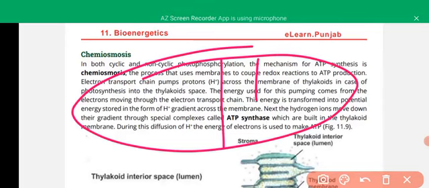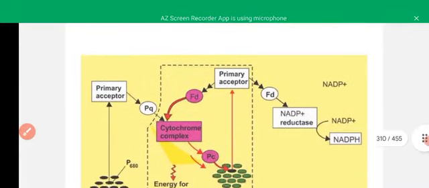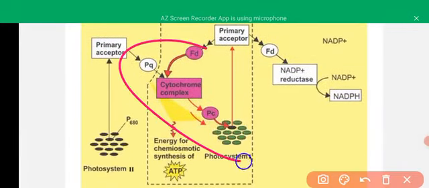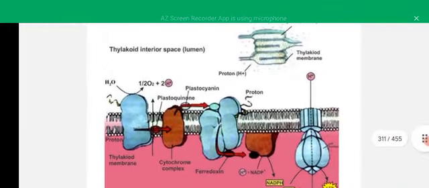First of all, when the electrons come down this electron transport chain, its energy is used to transport hydrogens from the stroma into the lumen of the thylakoid membrane, and hydrogens are stored in this lumen.